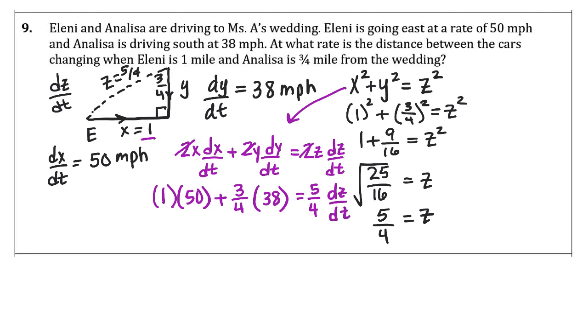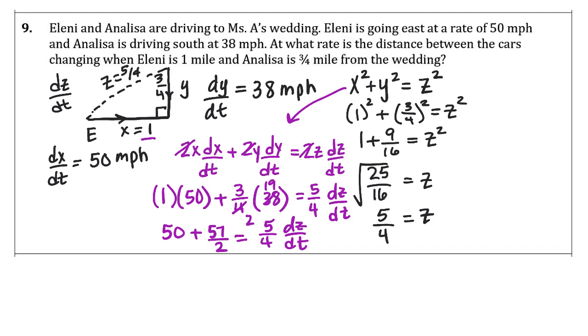So we have 50 plus, and let's cancel that 4 into 38. So we really have 50 plus 57 over 2, and all of that is equal to 5/4 dz/dt.